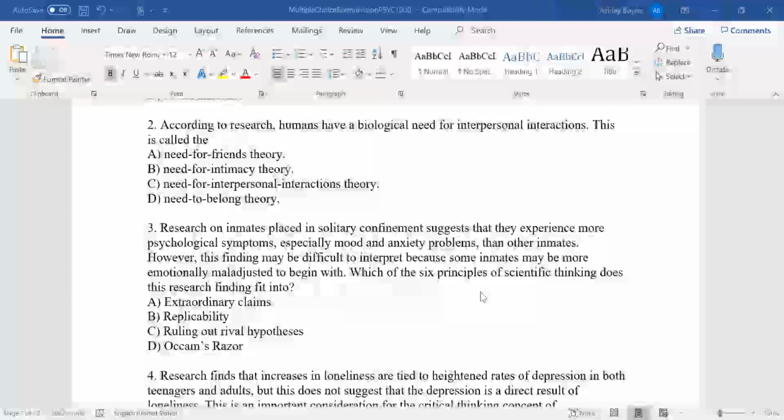It could be A, extraordinary claims, B, replicability, C, ruling out rival hypotheses, or D, Occam's razor. C. Okay, yes. So C is right. This would be ruling out rival hypotheses.